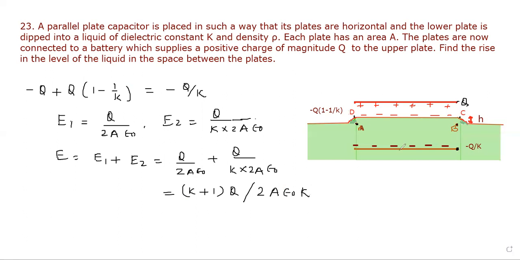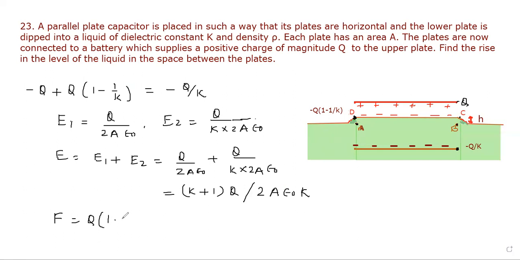Now we consider the force on the induced charge on this. So force will be charge times electric field. So F equal to charge. Charge is minus Q times 1 minus 1 upon K. Since force is a vector quantity, we don't take the negative sign.